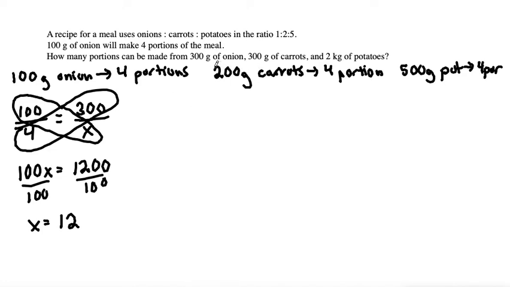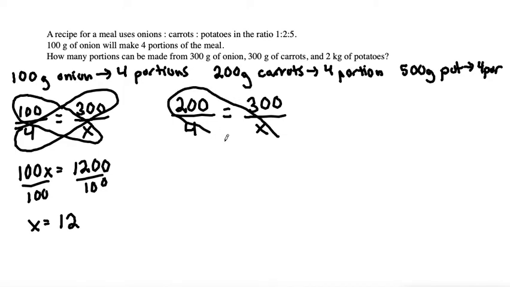Let's use a similar proportion to solve for the number of portions we can make from 300 grams of carrots. So using the idea that 200 grams of carrots makes 4 portions of the meal, we can set that equal to our ratio of grams of carrots on top, which they told us that we have 300 grams of carrots. We want to know how many portions of the meal we can make from those 300 grams of carrots.